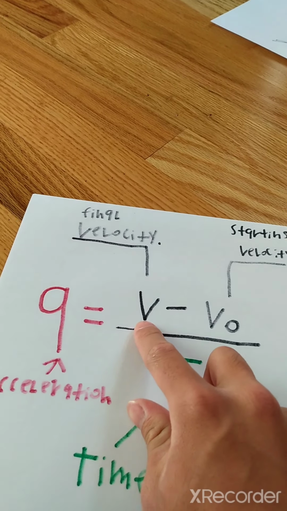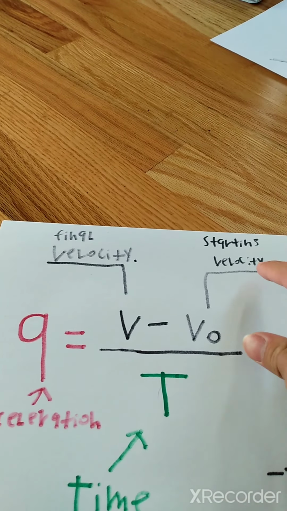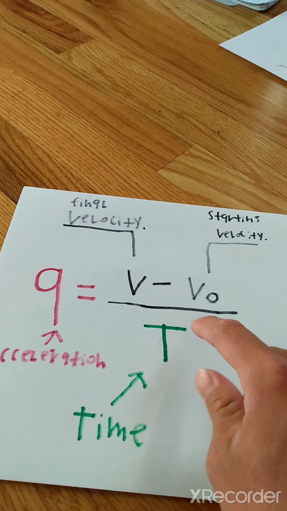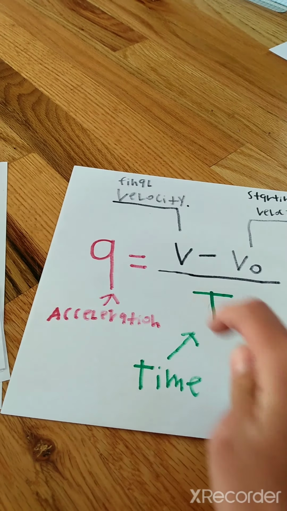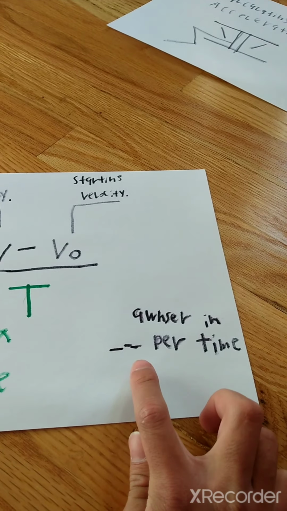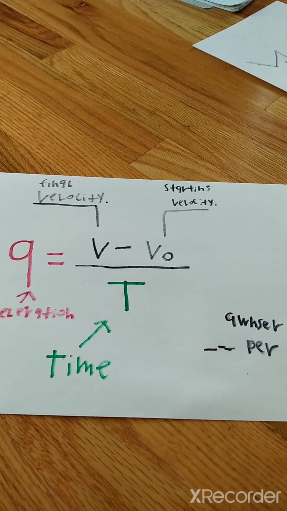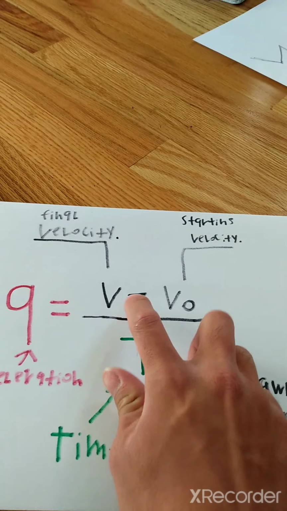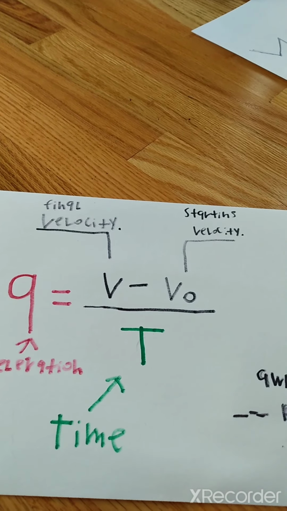Because if the final velocity is a slower speed than the starting velocity, that will become a negative number, and when we divide by time, our answer for acceleration would be a negative number. When we are working with speed, we are not using negative numbers, so we're using the difference between the two. That will be a positive number.